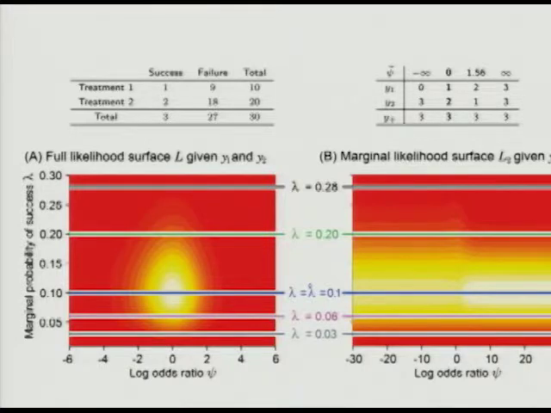The reason for that is that, given that we have, let's say, a total of 3 successes, there are two possible outcomes associated with a positive log odds ratio and only one associated with a negative one.